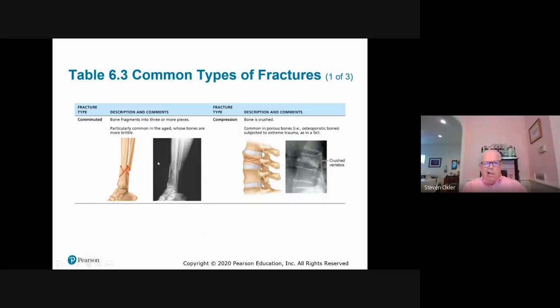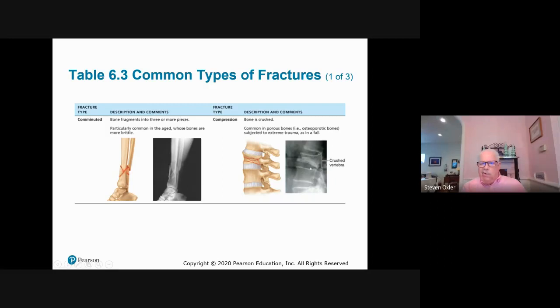Okay? Here's an example. Comminuted. Comminuted means that there are many bone fragments. Here, 1, 2, 3. Many bone fragments. Okay? Comminuted. Compression means the bone has been crushed, and that's usually in the spine.